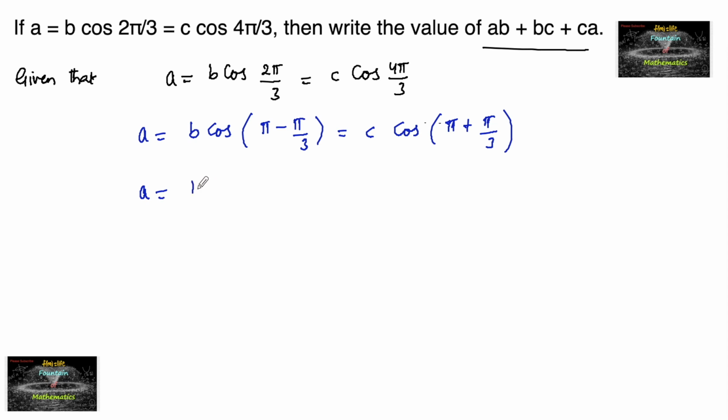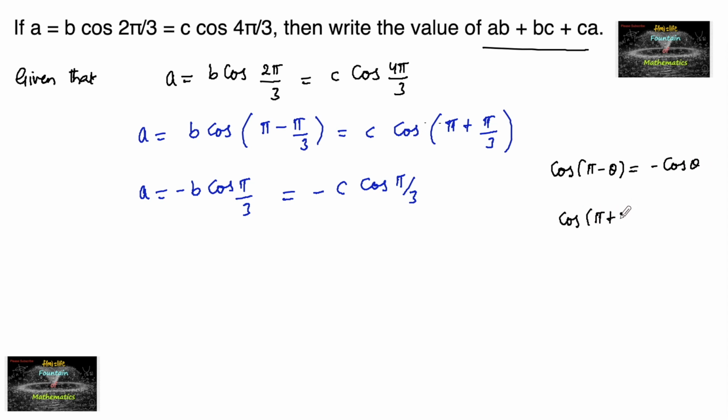So a is equal to b cos of pi minus pi by 3, we can write minus b cos pi by 3, and c cos of pi plus pi by 3 is again minus c cos pi by 3. Since we know that cos of pi minus theta in the second quadrant is negative, so minus cos theta, and cos of pi plus theta in the third quadrant again is negative, so minus cos theta.